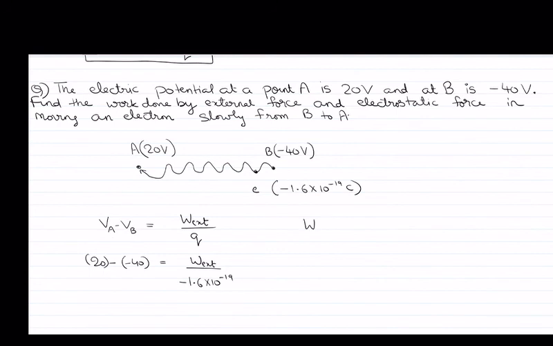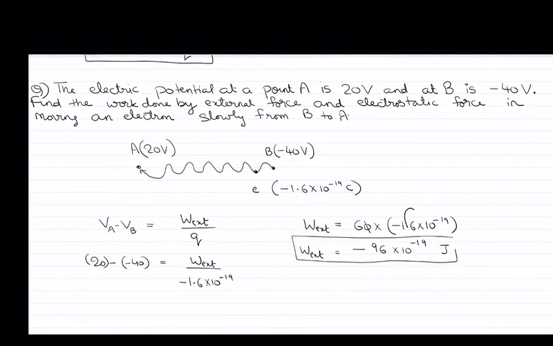So W external will be 60 into minus 1.6 into 10 to the power minus 19, which equals minus 96 into 10 to the power minus 19 joules. Now this is the work done by external force.